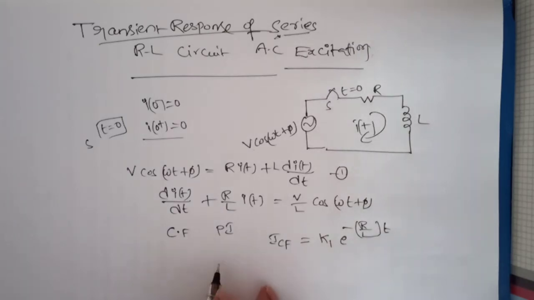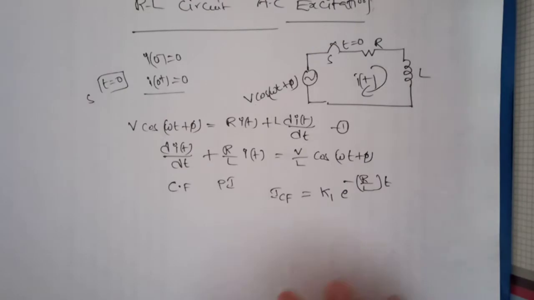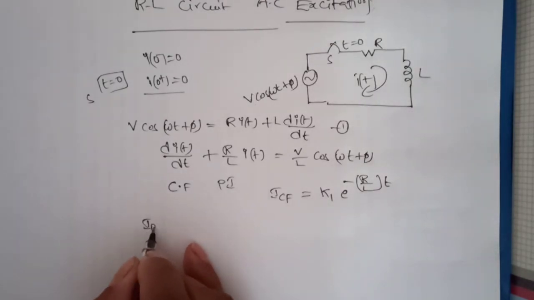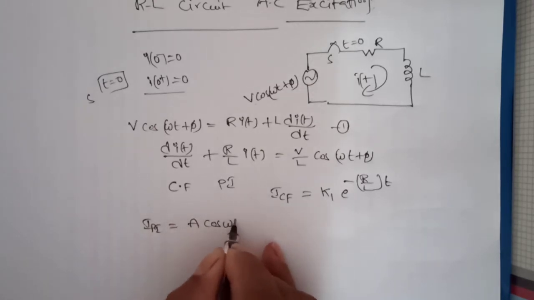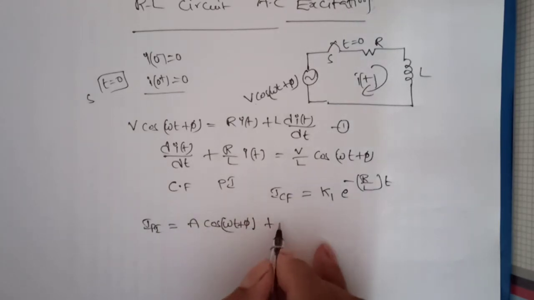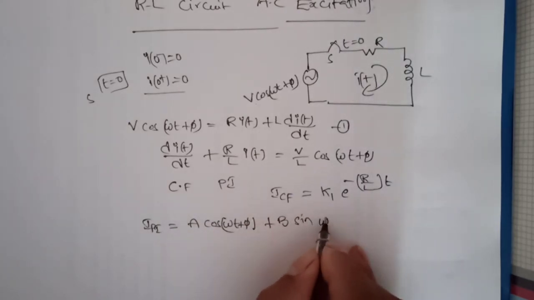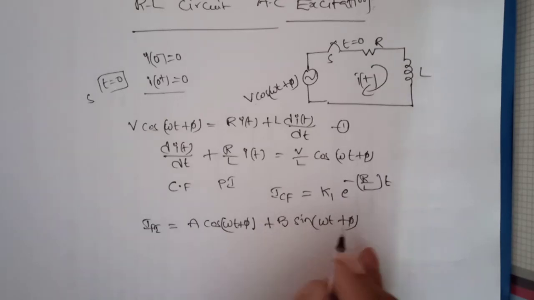The particular solution can be obtained by using undetermined coefficients: i_PI is equal to A cos(omega t plus phi) plus B sin(omega t plus phi).